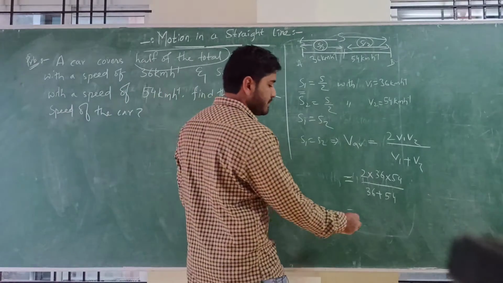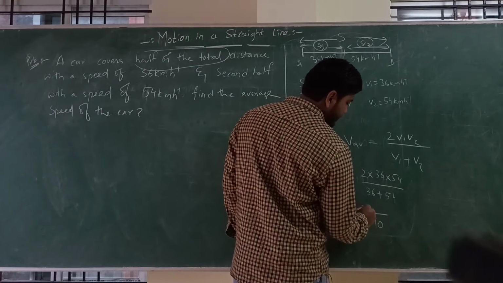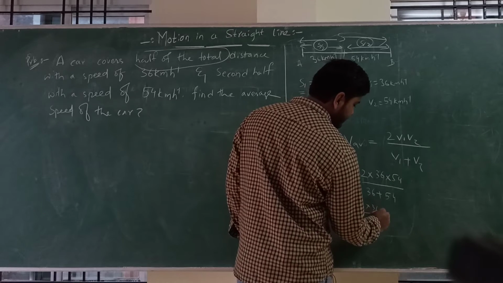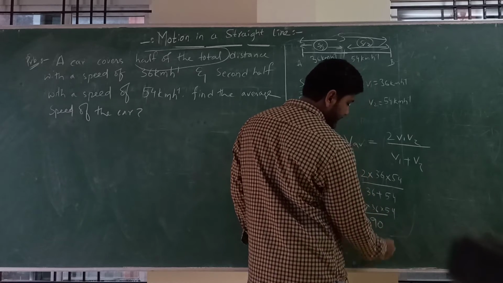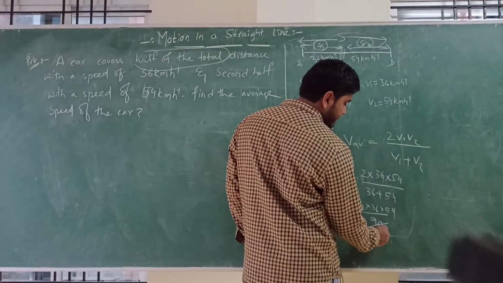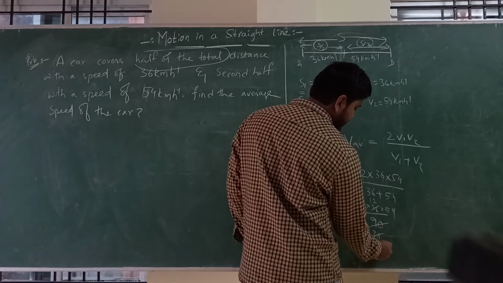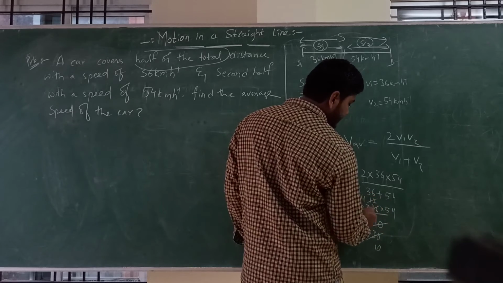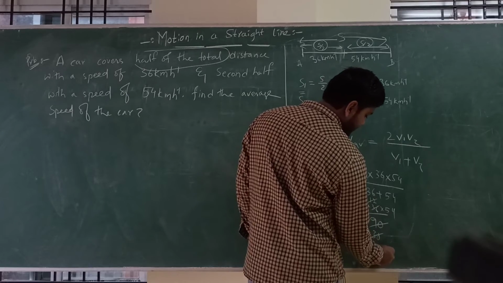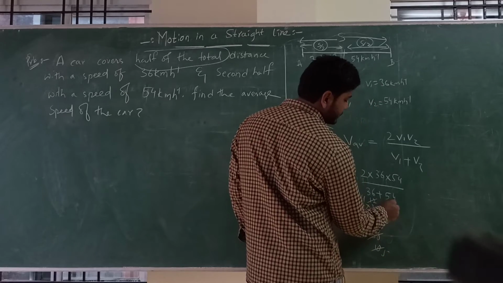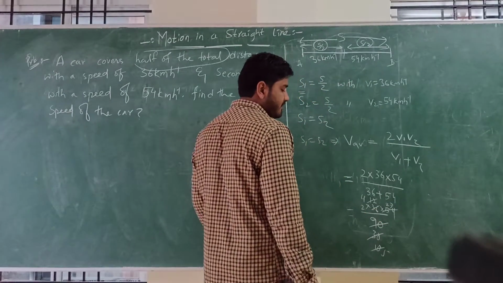So finally 2 into 36 into 54 divided by 90. 3 3s are 9, 3 1s are 3, 3 2s are 6, 3 10s are 30, 3 4s are 12. Again 54: 2 5s are 10, 2 2s are 4, 2 7s are 24.